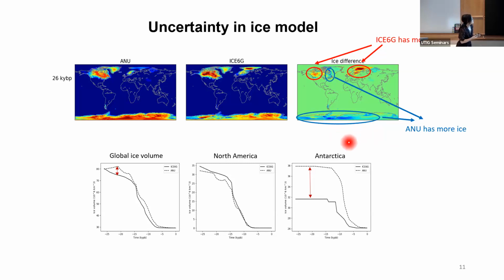I didn't give a scale here, but at some sites they differ by around 1,000 meters. And if we compare the changes with time, the NU model includes more global ice volume than ISG. Also, the NU ice in Antarctica is much thicker than the ISG ice.